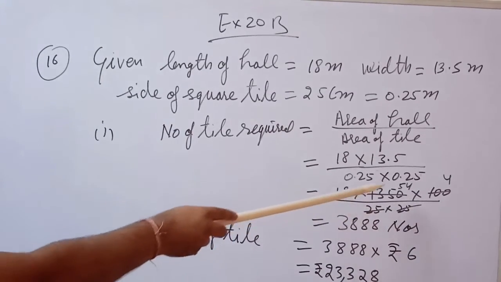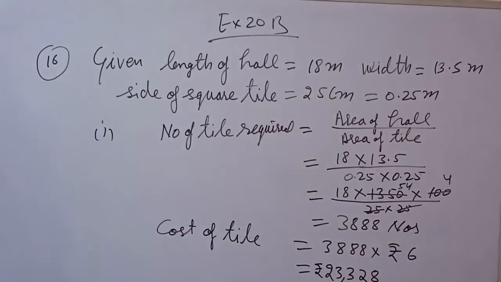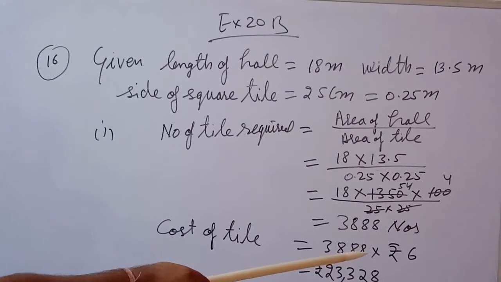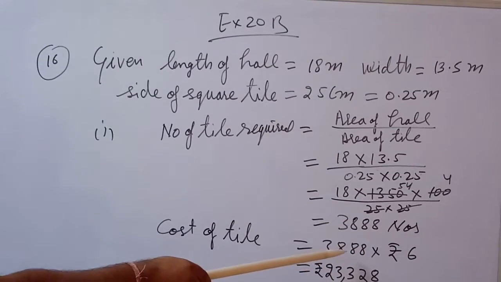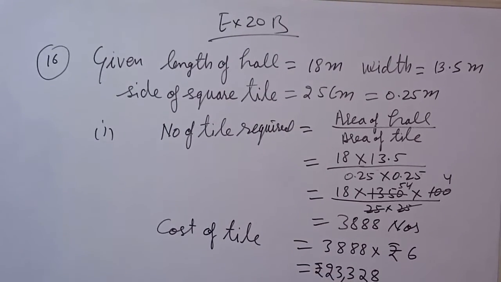Now the product of 18 into 54 into 4 gives 3888 tiles required to cover this area. Now the cost of tiles at the rate of 6 per tile is 3888 multiplied by 6, which is 23,328. So that is the answer to your first part.